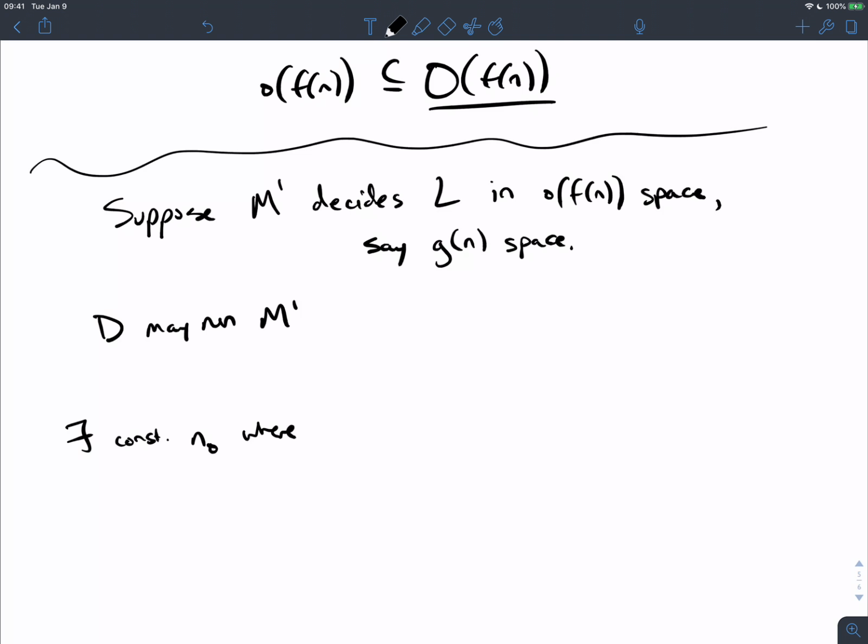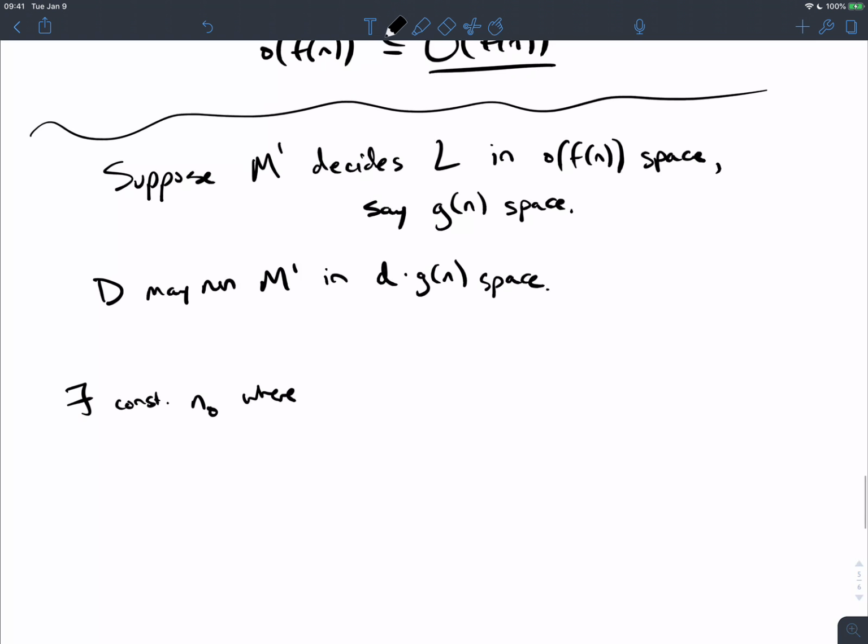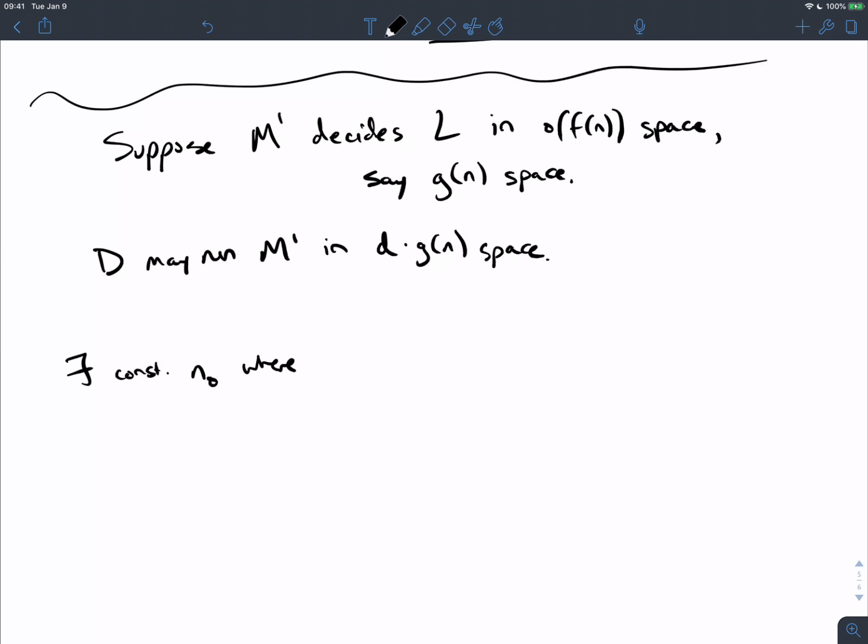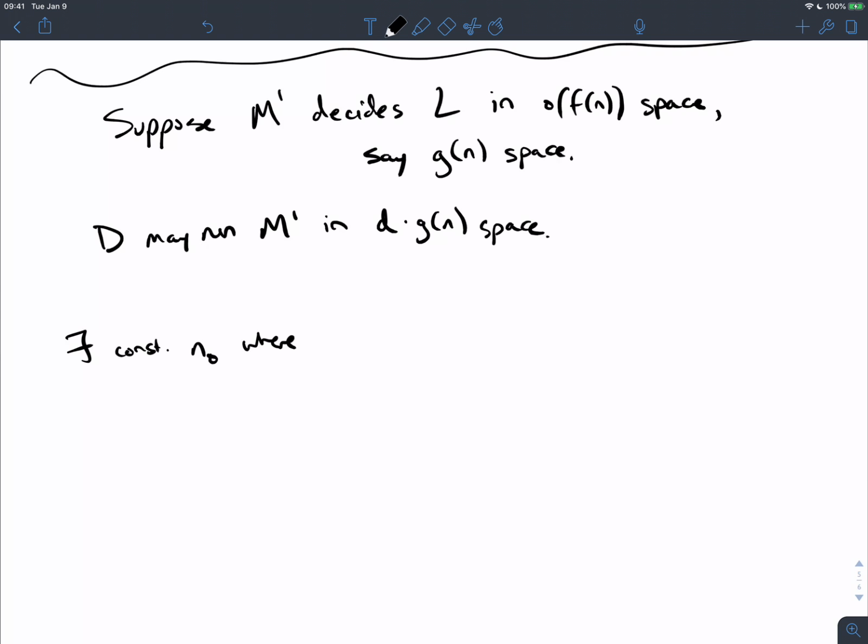So let's say some constant, say d, times g of n space. I know M prime uses g of n space, but D may need some overhead for some calculations and whatnot, so we're just going to say some constant times g of n space. Well, g of n is little o of f of n by assumption. So there's some constant where the amount of space that D needed to run this is strictly less than f of n.